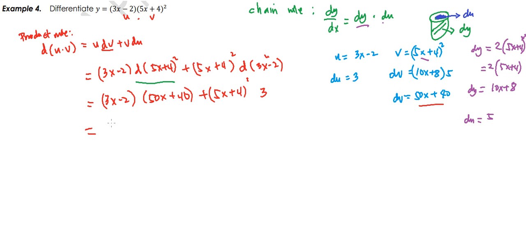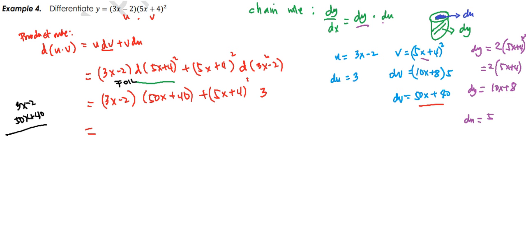Okay, pwede nyo po itong gamitan ng FOIL method. Or pwede rin naman yung traditional na way of multiplication. So, we have 3x minus 2. Multiply natin sa 50x plus 40.